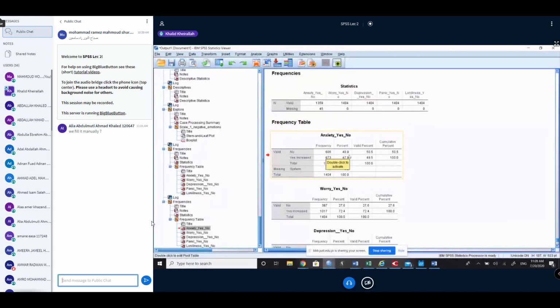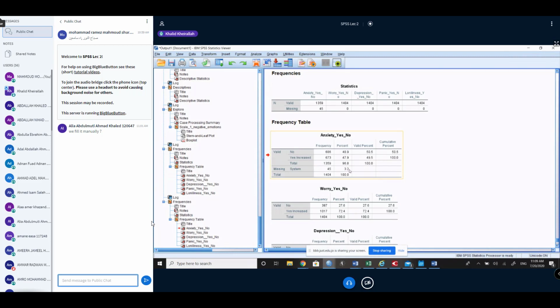So SPSS is going to do what? It's going to give you a percent and a valid percent. The percent will include the missing cases. So the answer options now are no, yes, increased, and you have missing. 48.9% of participants did not have any change in anxiety. Those who reported increased anxiety were 47.9%, and if you add these two, you have 96.8% of the sample.